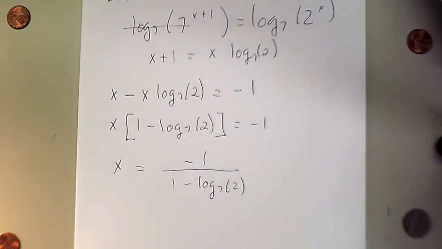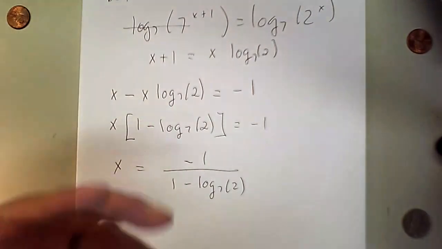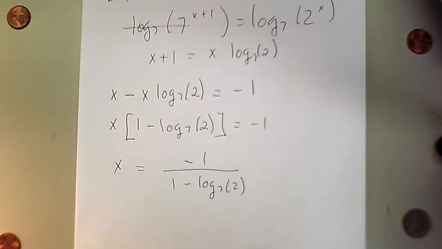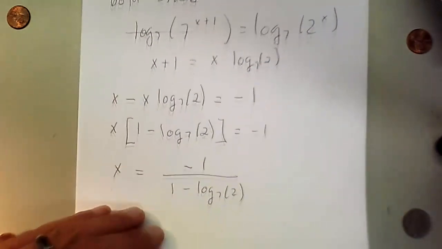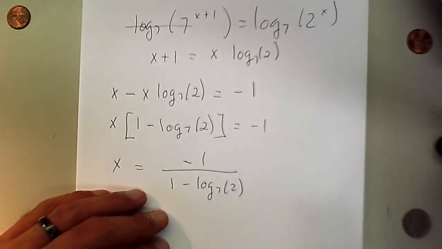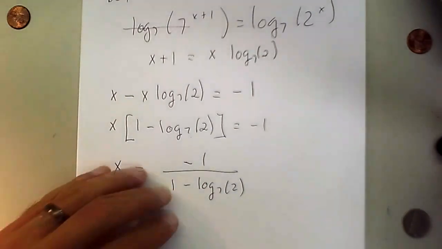But we should end up with pretty much the same answer. Practice these equations. As you can tell, those equations are not easy. If I were you, I would start working on those equations right away, because it takes a while to assimilate how to solve those equations, to get used to the properties of logarithms.